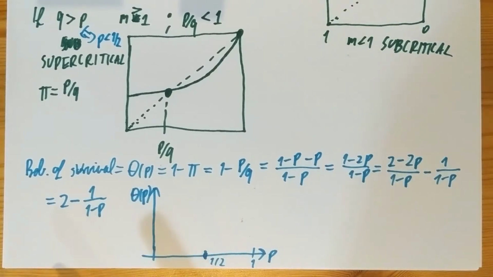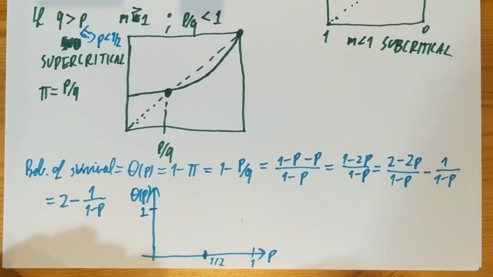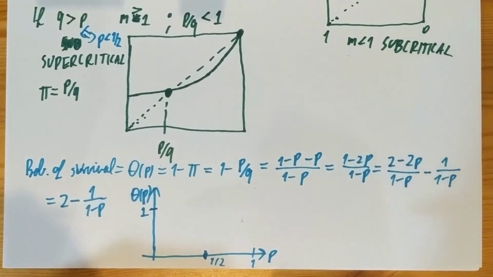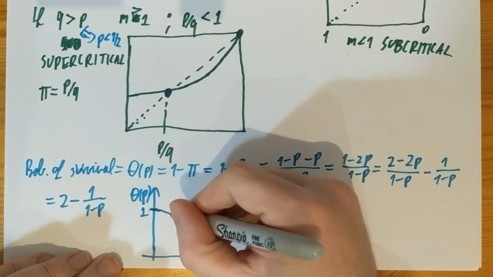At p equals 0, it gives me 2 minus 1, which is 1. At p equals 1/2, 1 minus 1/2 is 1/2, reciprocal of that is 2, 2 minus 2 is 0, so at p equals 1/2 it is 0. And now if you follow through what happens with the reciprocal function, you can find yourself that it's this piece of the reciprocal function.